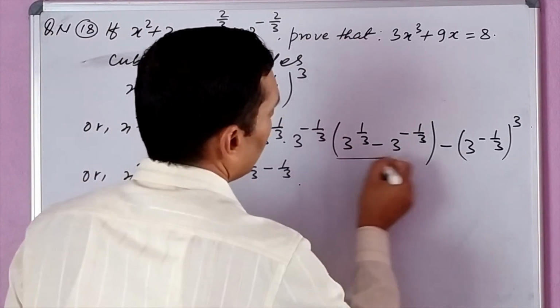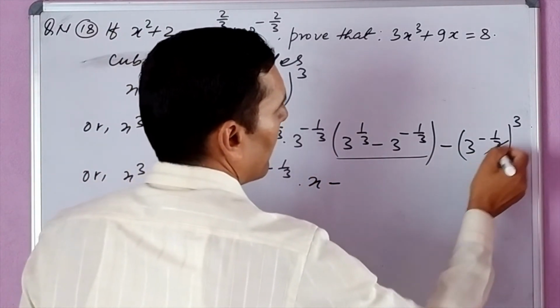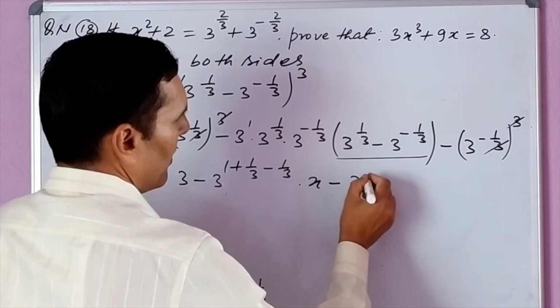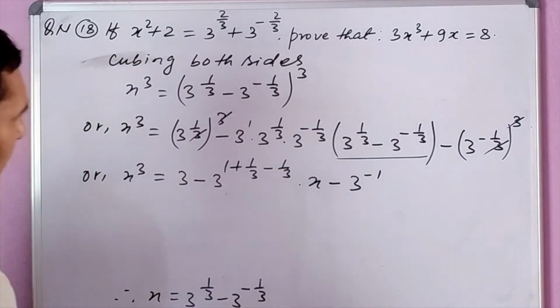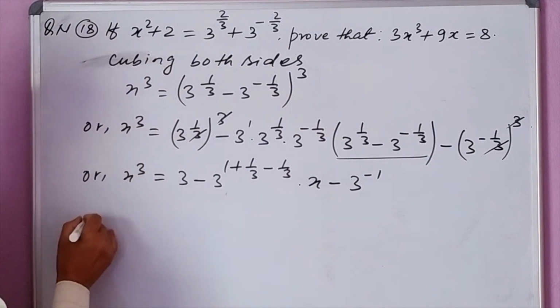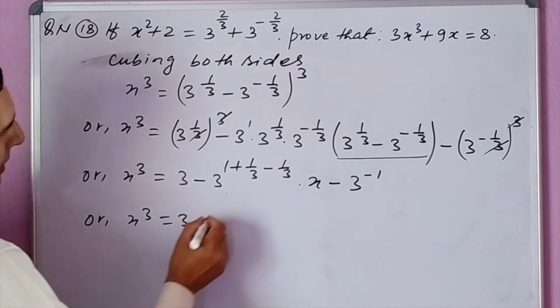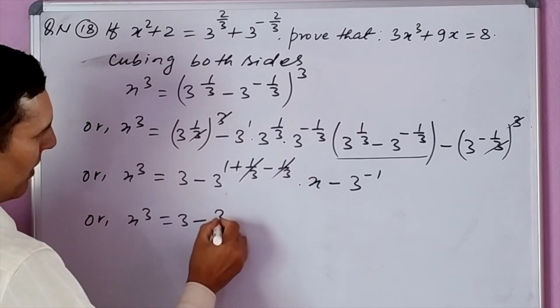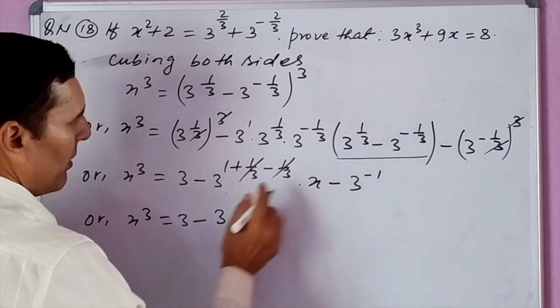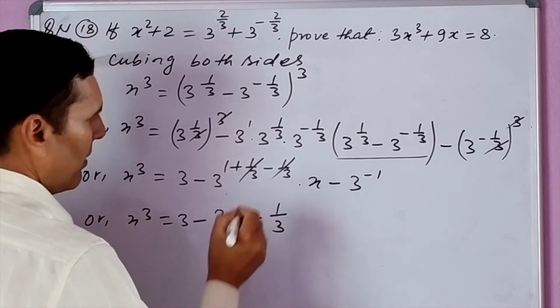So this much can be replaced by x. And here also 3 cancels, 3 to the power minus 1. Now after this x cube, 3 minus this and this cancel, 3 to the power 1, 3 into x, 3x, it is minus 1 by 3.